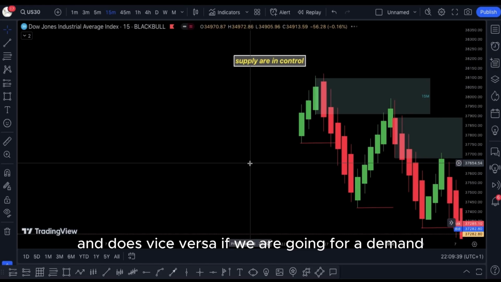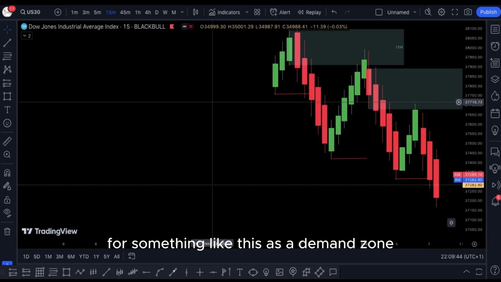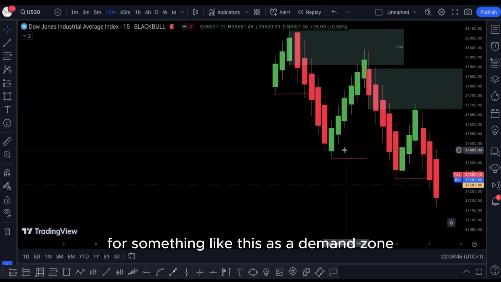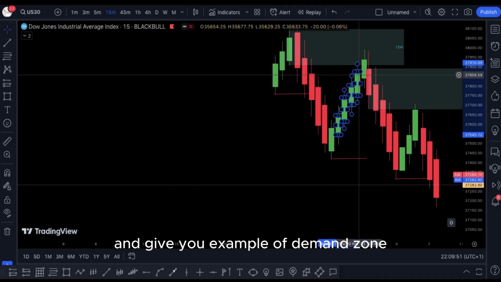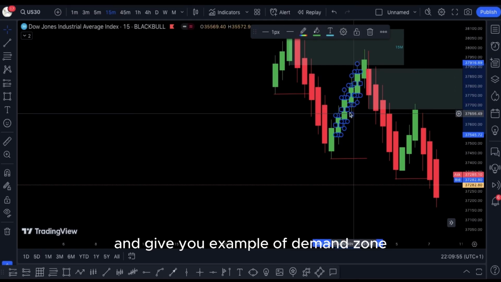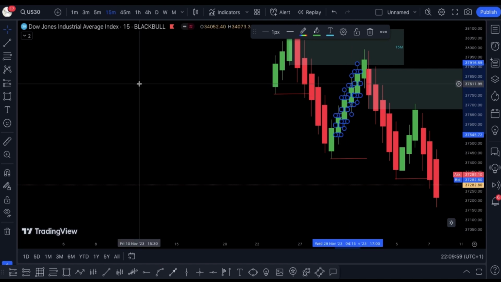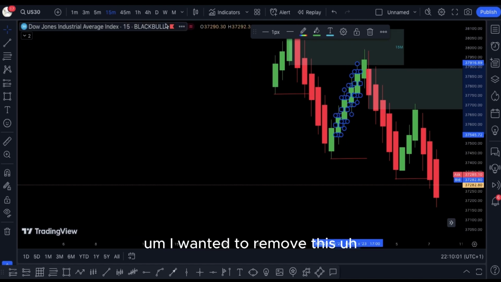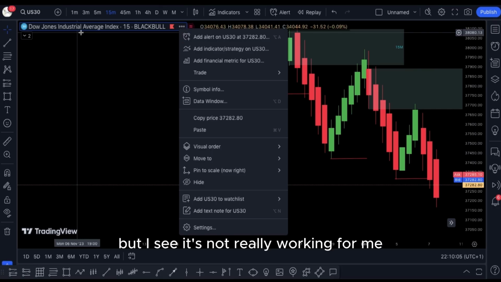And that's vice versa. If we are going for a demand zone, something like this, let me copy this and give you an example of a demand zone. I wanted to remove the chart and make it blank, but I see it's not really working for me.